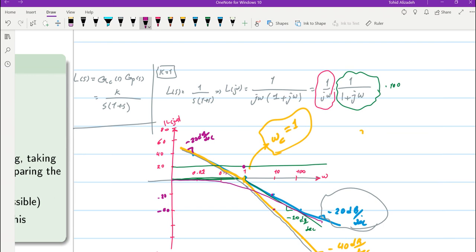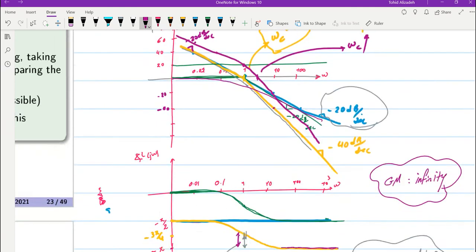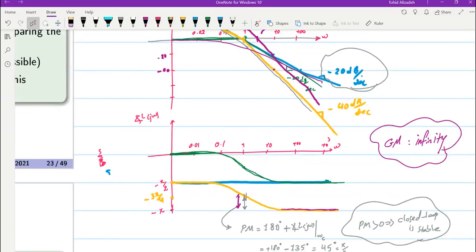And then we will shift everything by 20 decibels upwards. Approximately, the amplitude plot will be like this. Now you can see that the omega c, or the gain crossover frequency, increases. Omega c increases, it will become bigger than the previous case, and as it happens, the phase margin will decrease.